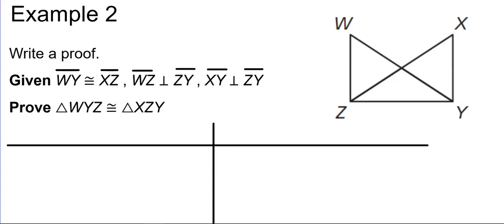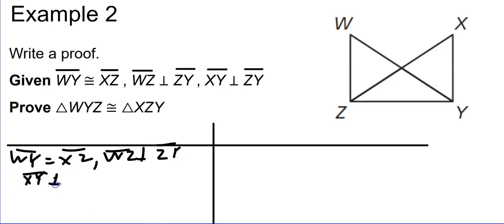So, what do we have here? We have a lot of stuff given to us. WY is congruent to XZ. WZ is perpendicular to ZY, and XY is perpendicular to ZY.